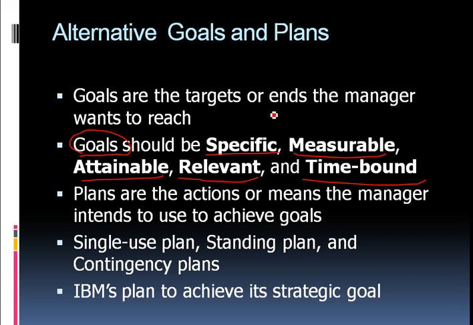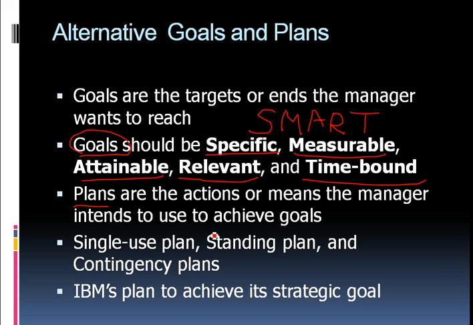So many people say that is SMART. So goal should be SMART. SMART means specific, measurable, attainable, relevant, and time bound. And then once you identify the goal, you need a plan to achieve the goal.